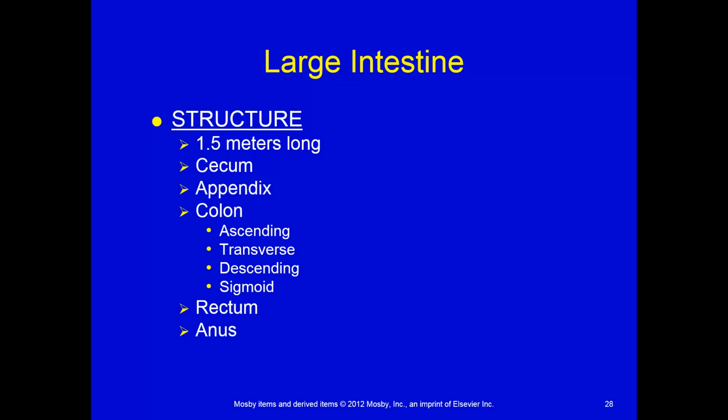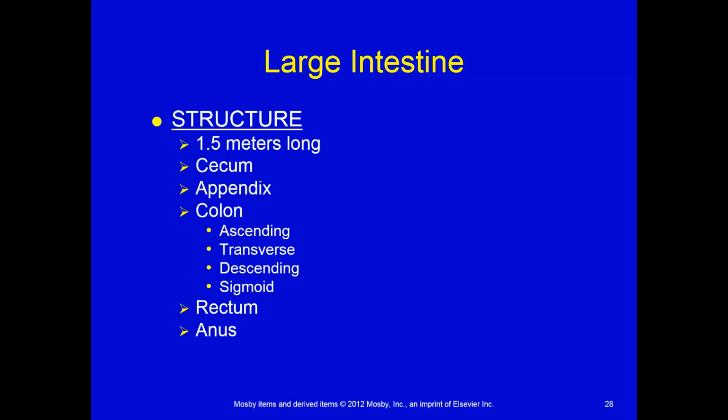Now, as chyme moves through the colon, we've already said that most of the water and electrolytes get absorbed in the colon. What would you expect to see as the actual content of the stool as you move through the colon?